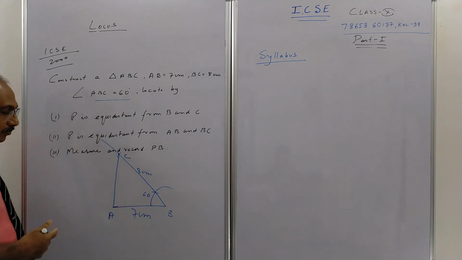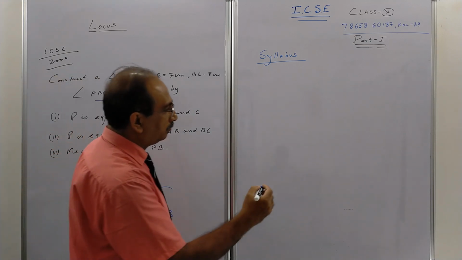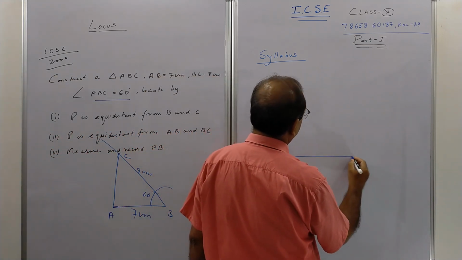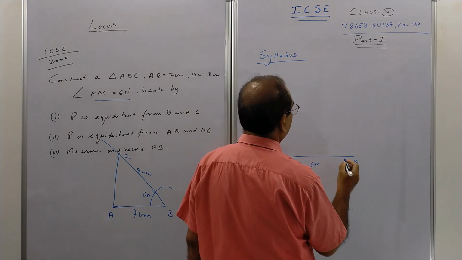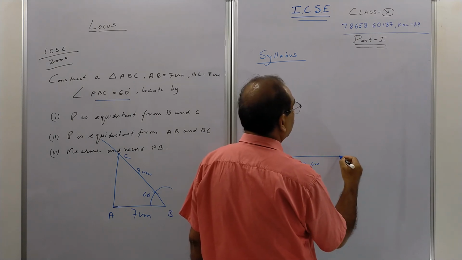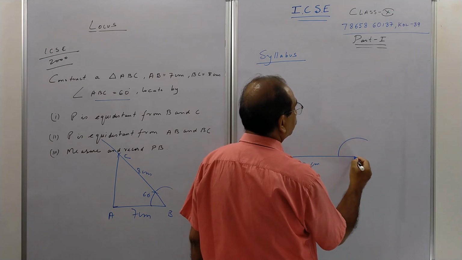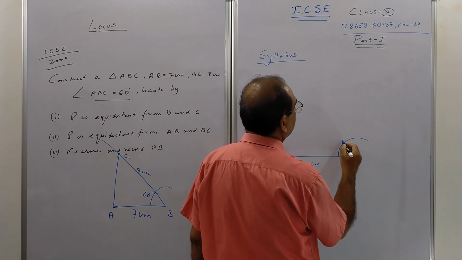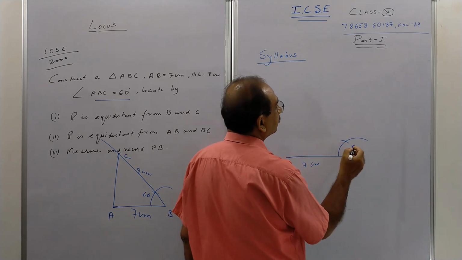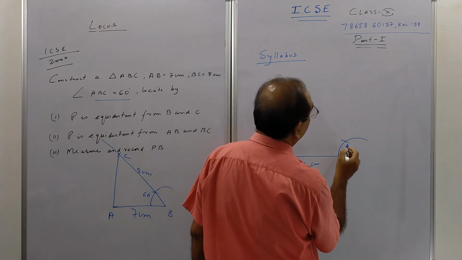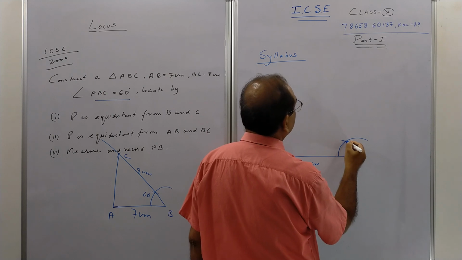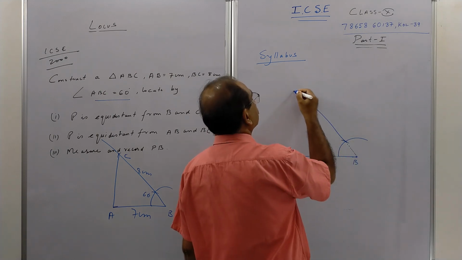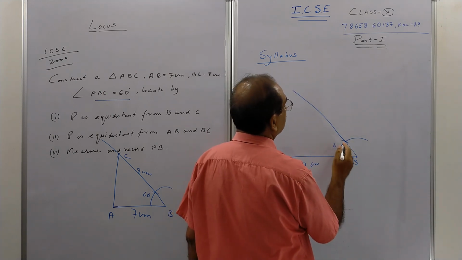So let us draw. So once more, take a line AB, 7 centimeter. Here you draw an arc and cut it once from here. I think all of you know this angle is your 60 degree.